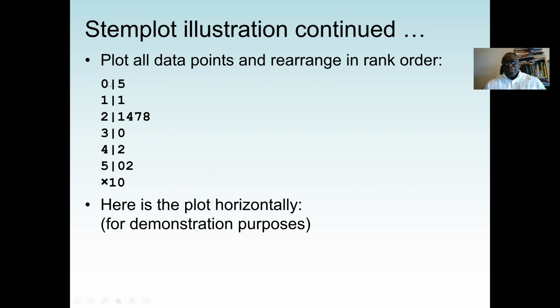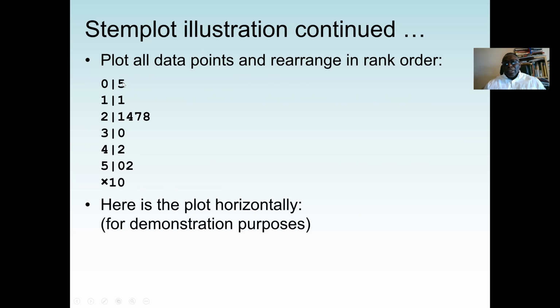So here we can see 05, 11, then 21, 24, 27, 28, because the leading digit is 2. We have only 30, 42, and in the 50s we have 2 values, 50 and 52, so we have 0 and 2.